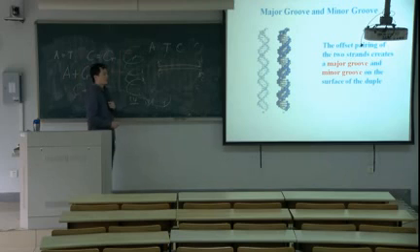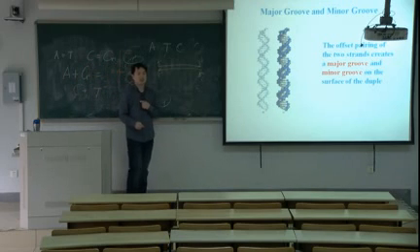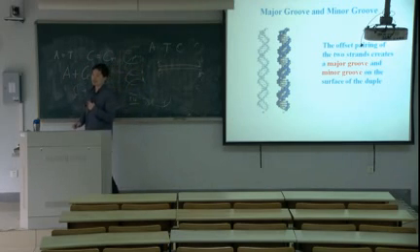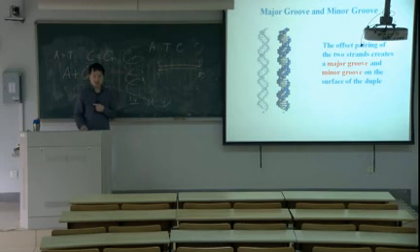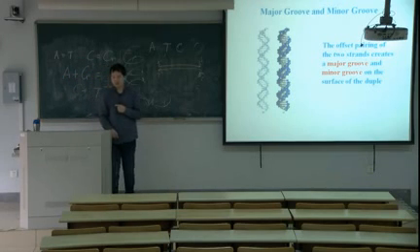So there are some places where the base is exposed more than others. In the major groove, more of the bases are exposed. In the minor groove, the bases are basically hidden under the sugar backbone.